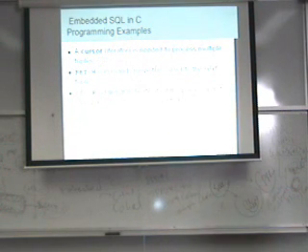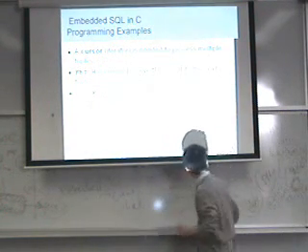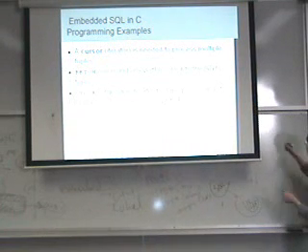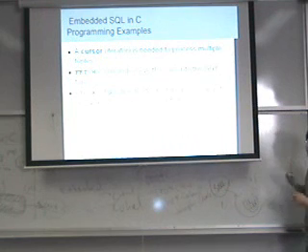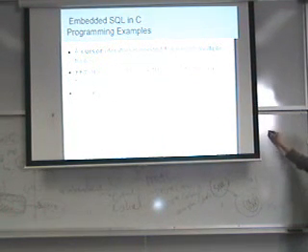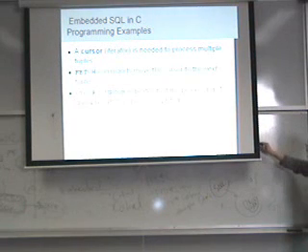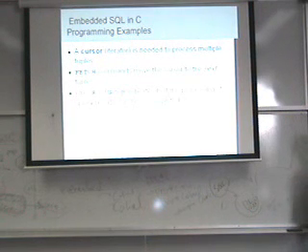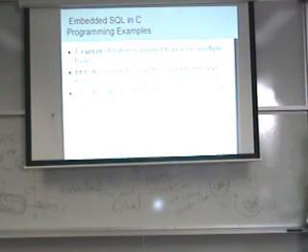Like this is the memory area used in your database, and this is one cursor. Then there is a statement select from where. We'll use this cursor, the first cursor.